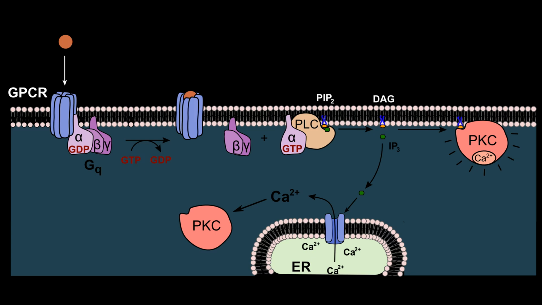So, again, here we have a G protein coupled receptor, which activates the G protein, the alpha subunit comes up, and it then affects phospholipase C. Here we have our PIP2, just one of the membrane phospholipids, doing its thing. Phospholipase C breaks off the inositol bisphosphate polar head.